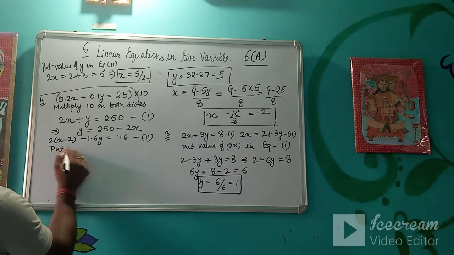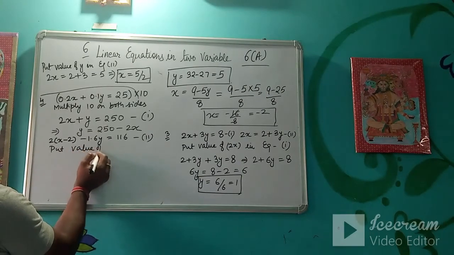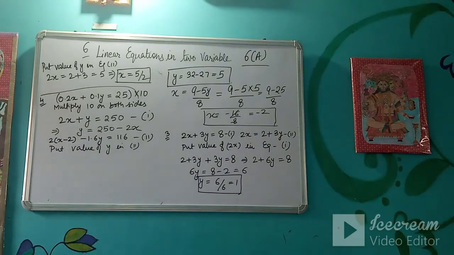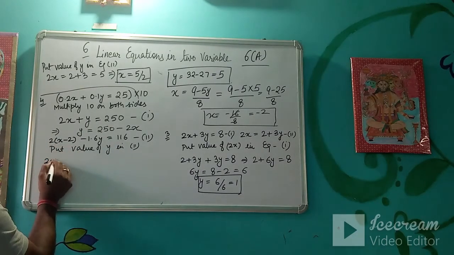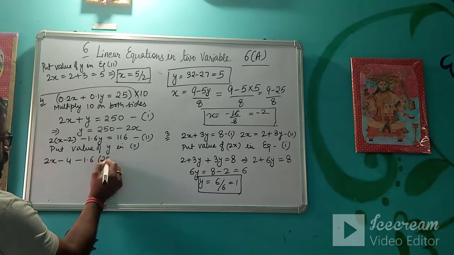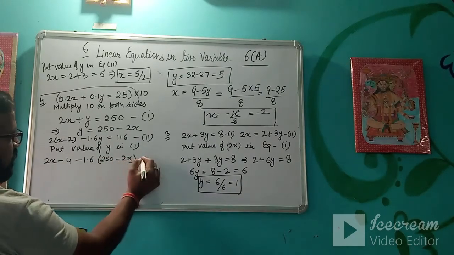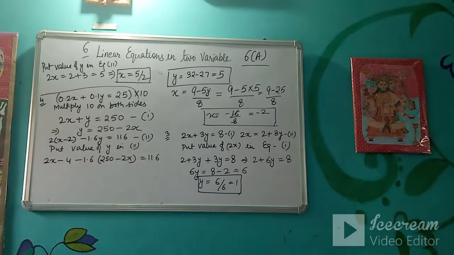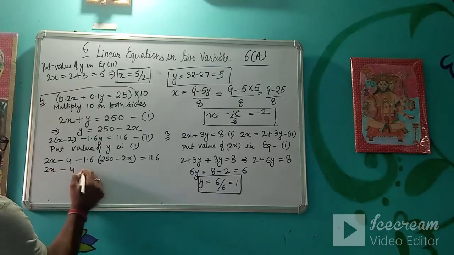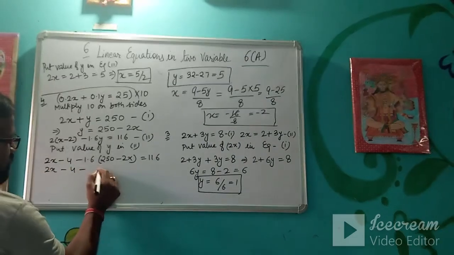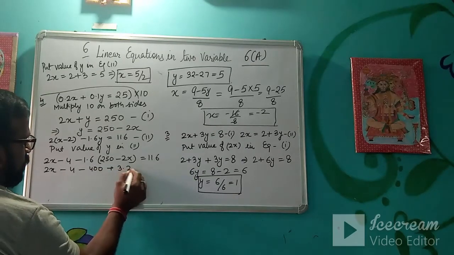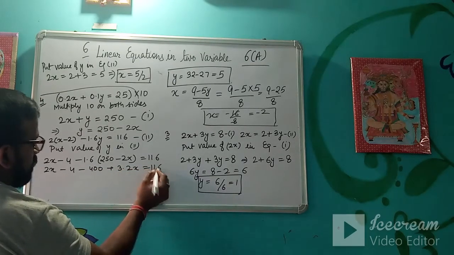And this will be our second equation. So we will put the value of y in the second equation. So 2x minus 4 minus 1.6 into (250 minus 2x) is equal to 116. So what it will give you: 2x minus 4 minus 400 plus 3.2x equal to 116.